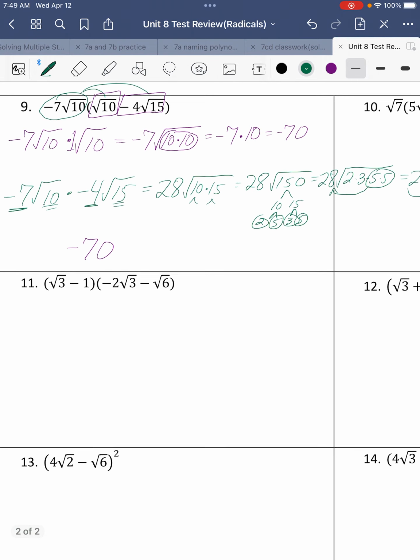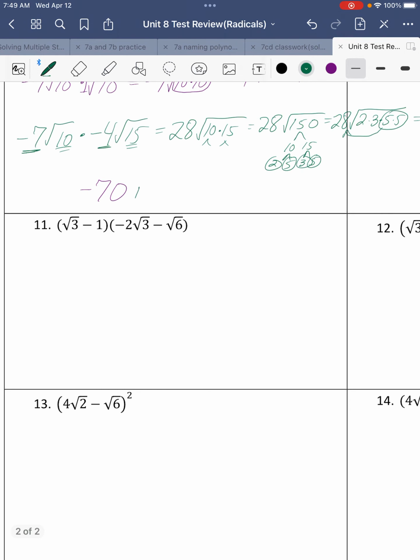Oh yeah, 140. So we have, wait a second, I didn't miss a negative. So that'll be positive. So positive 140 square root of 6.